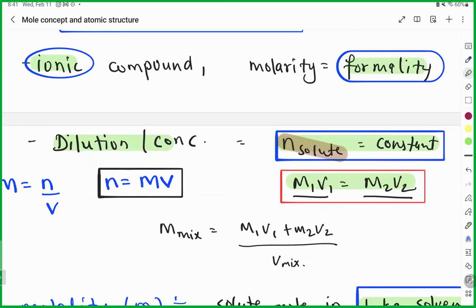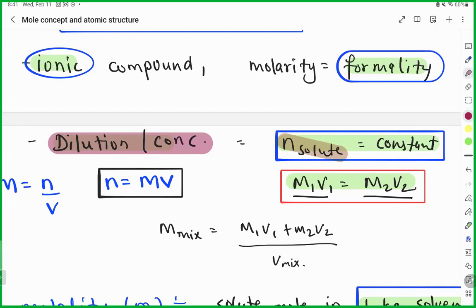Whenever you do dilution or you are concentrating the compound, what will remain the same? During dilution or concentration, what will remain the same? The number of moles will remain the same.